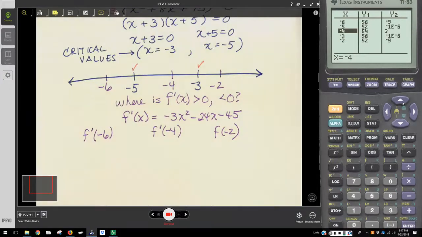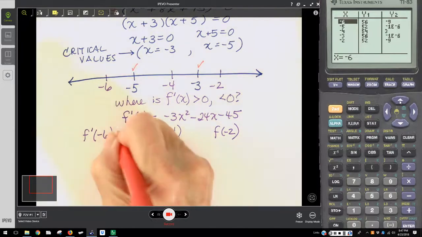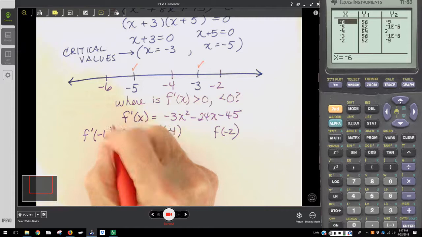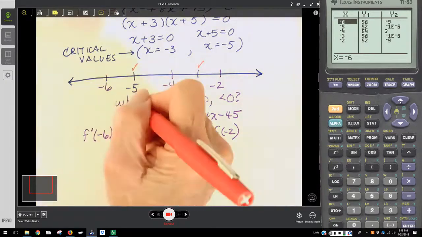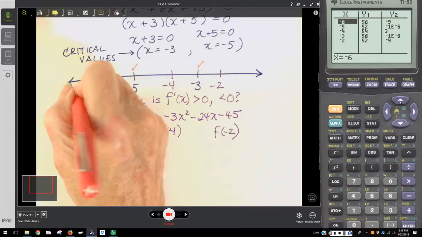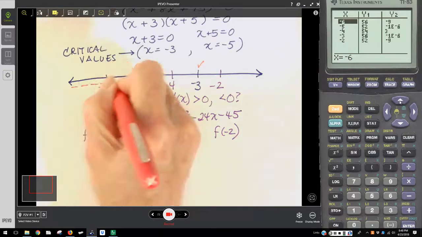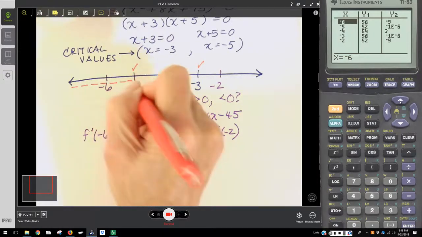And then at -6, we see that f prime of -6 is less than 0, because it's -9. Therefore, here the function is decreasing until it gets to -5.